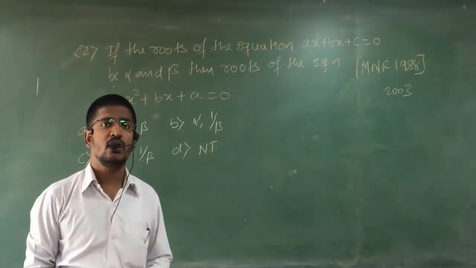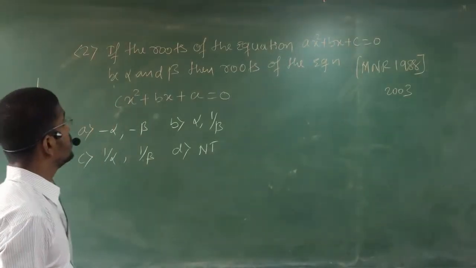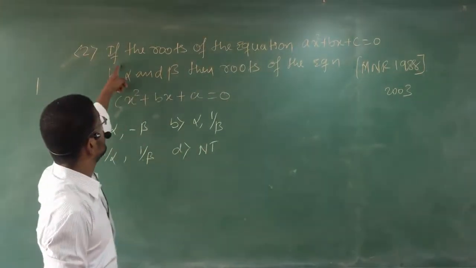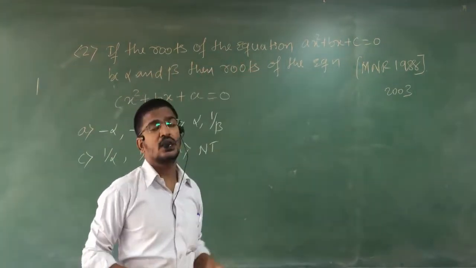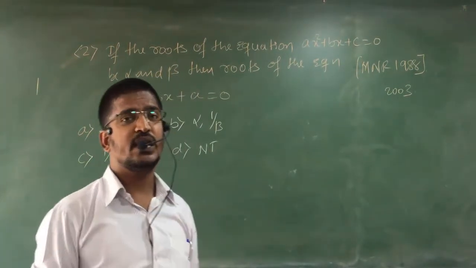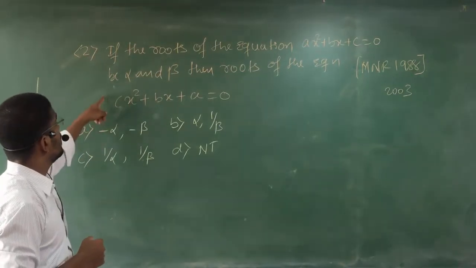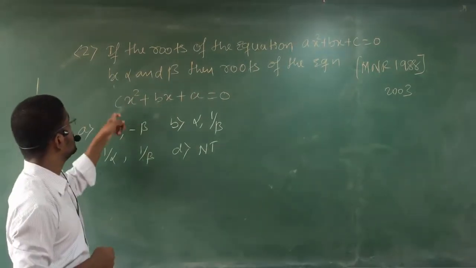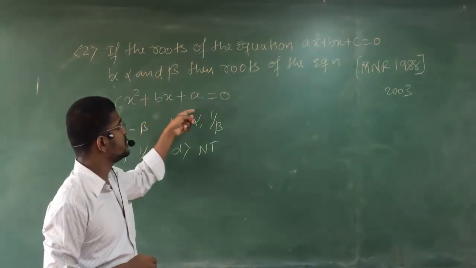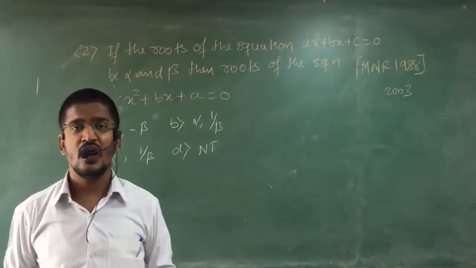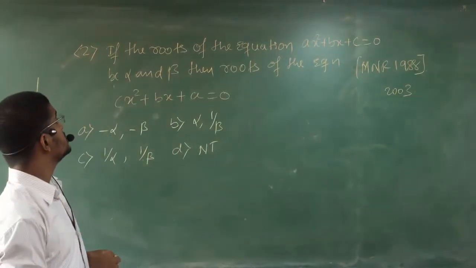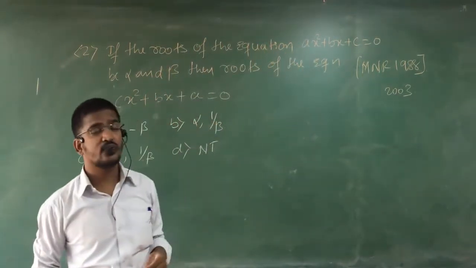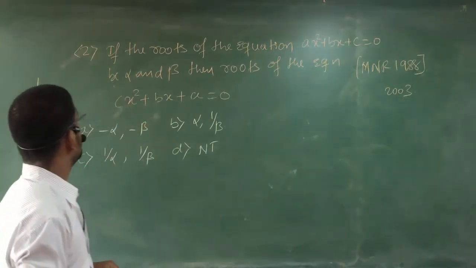Okay, students. Now let us solve the second problem on these roots. What is given? If the roots of the equation ax square plus bx plus c equal to 0 are alpha and beta, then they are asking for the roots of the equation cx square plus bx plus a equal to 0. Clear? That means alpha and beta are the roots of the equation ax square plus bx plus c equal to 0.